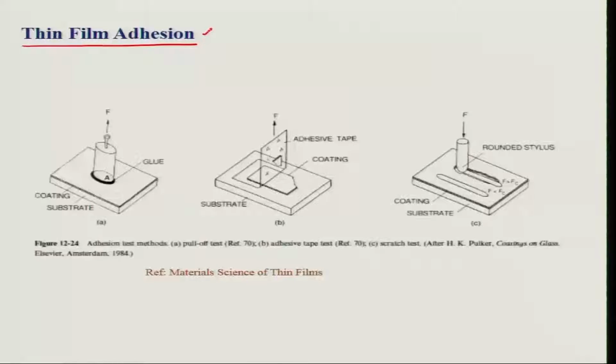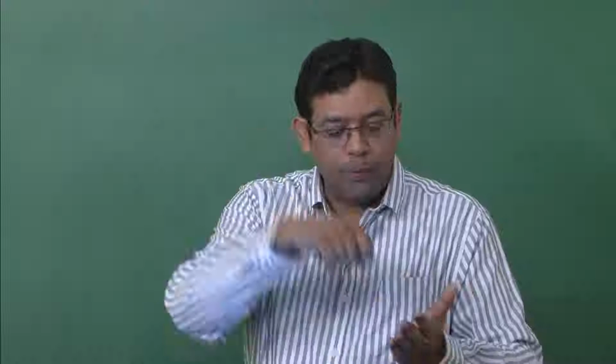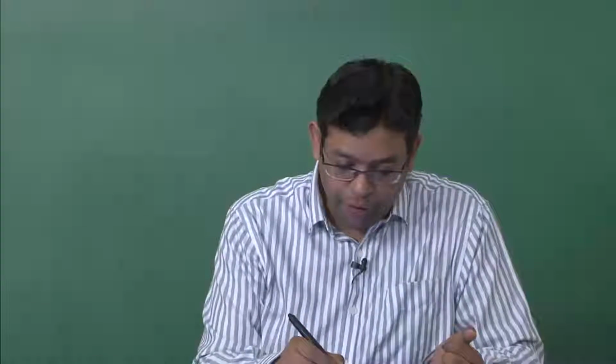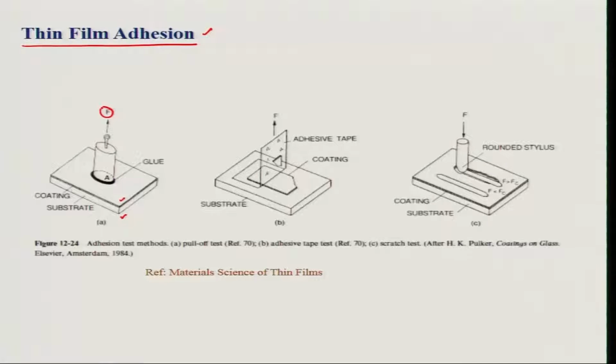There are some quantitative measurements. If you want to quantify the adhesion, you can put a glue on your substrate and the thin film, attach something and then pull. The force that you need to apply to peel off this coating is a quantified measurement of how good the adhesion is between the thin film and the substrate.